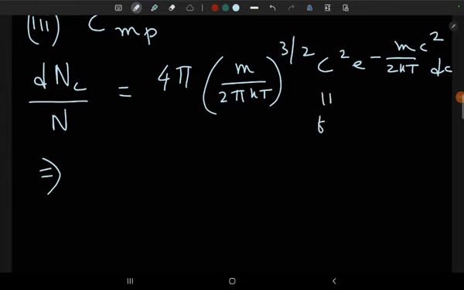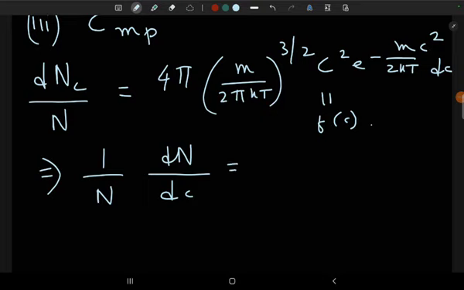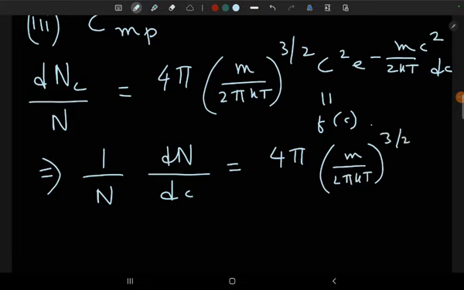This is actually a density function, and this looked like 1 by n dn dc, and this came out to be 4 pi m by 2 pi kt whole to the power 3 by 2 c squared e to the power minus mc squared by 2 kt. And this was actually a density function.